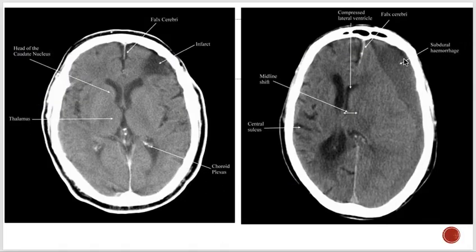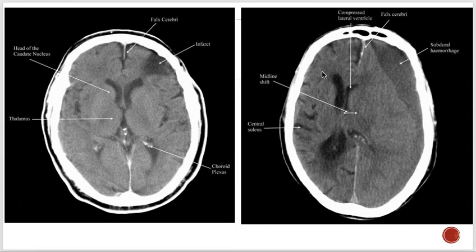But in this case of hemorrhage, the blood is causing pressure on the brain, and the blood is pushing the brain to one side. See, this one, which should be in the midline, has moved over here. The ventricle, which should be over here, is pressed over here. So there is a midline shift of the structures, right?